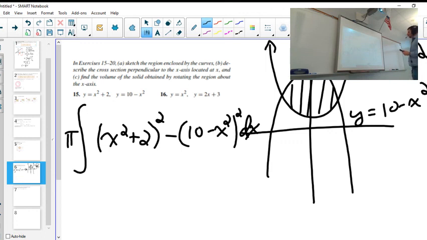The other thing that we would need to do is determine the intersection points. You can do that on the calculator as well, by finding intersect. It looks like 2, 6 is where they intersect, so probably from 2 to -2, but let me double check the other side.